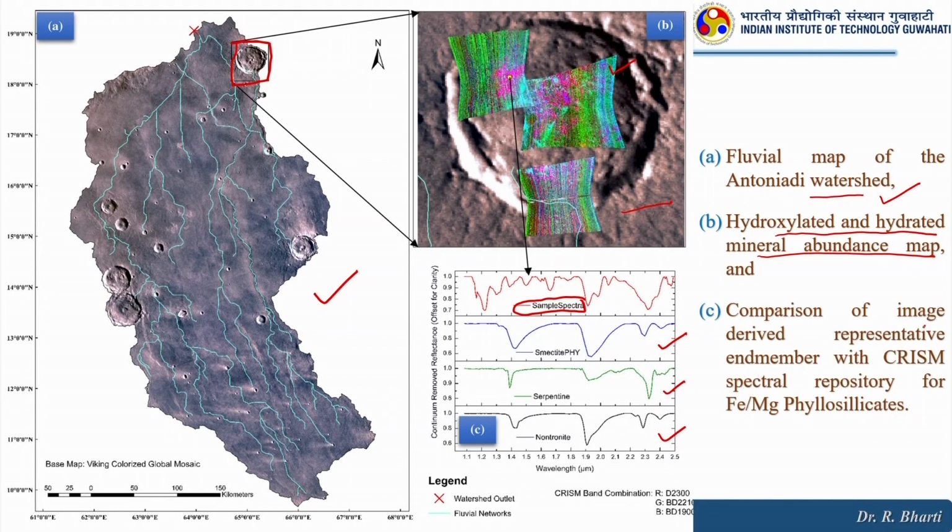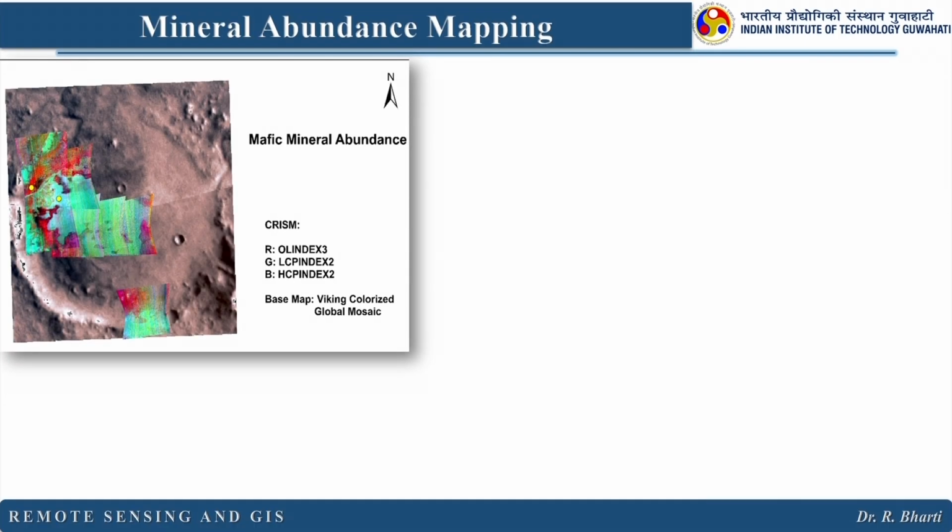So, comparison of image derived representative end members with the CRISM spectral repository for FeMg phyllosilicates. Here this is how we prove that on Mars this kind of mineral or rock is present, right.